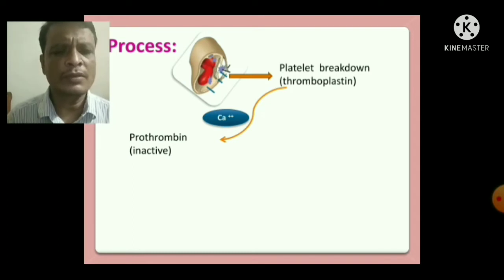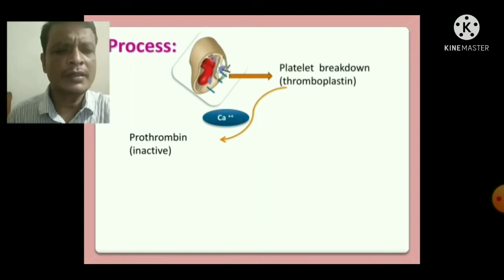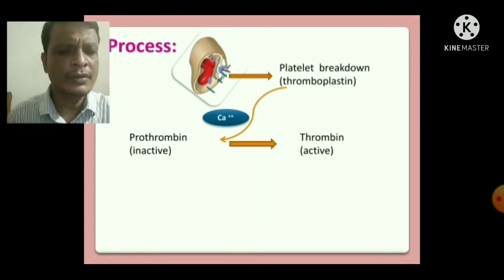It's one kind of plasma protein that normally exists in the plasma. So the thromboplastin activates the inactive prothrombin into active thrombin in the presence of calcium ion and factors 5, 6, 7, 8, and 9.